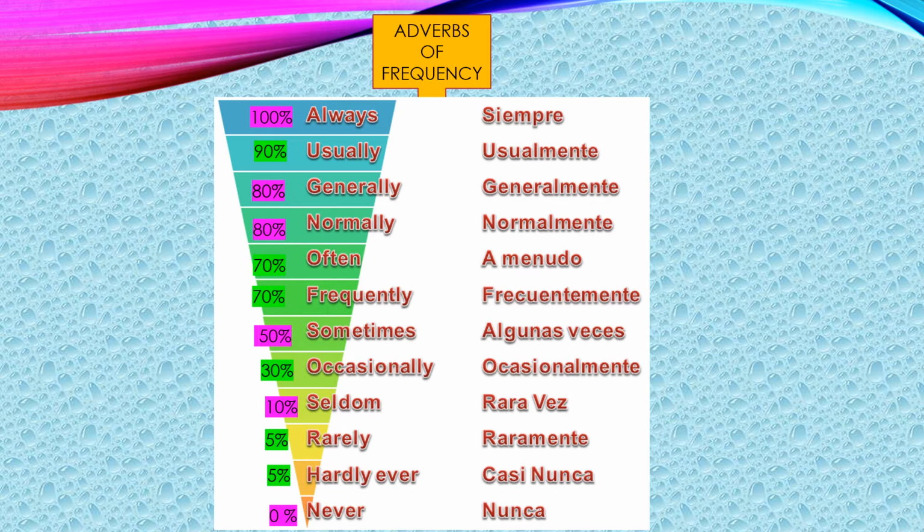Now, often. Often is when you are talking about 70%. Now, when you use the adverb normally, it's because you are telling us that you develop that activity 80%.